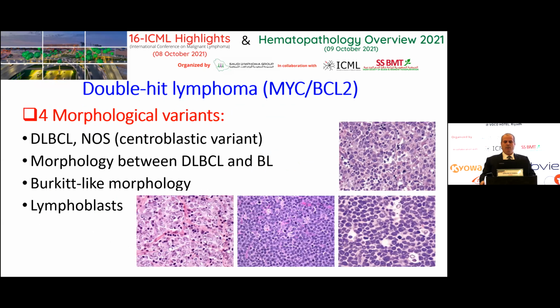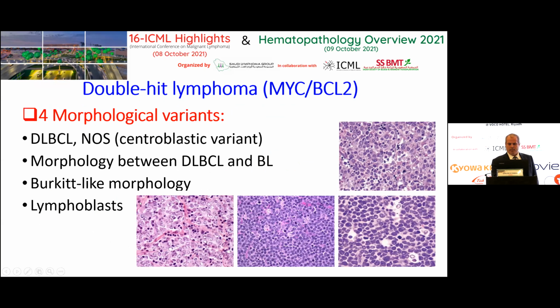Double hit lymphoma has four morphological variants. As we see in this one, it may have diffuse large B-cell lymphoma morphology, which is the centroblastic variant. Maybe morphology between diffuse large B-cell and Burkitt, like this one.